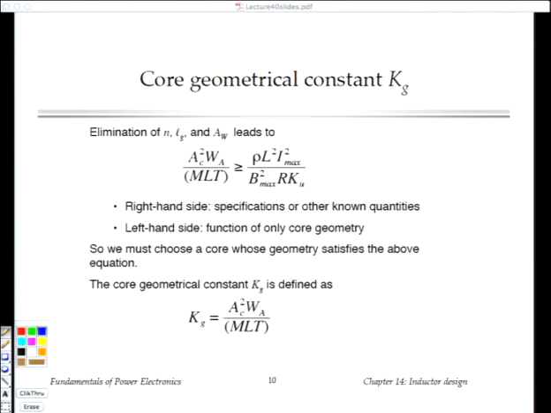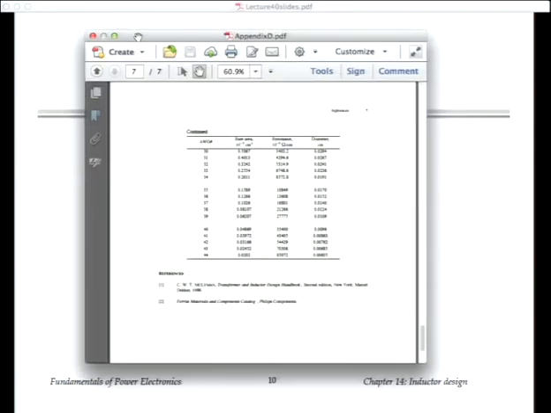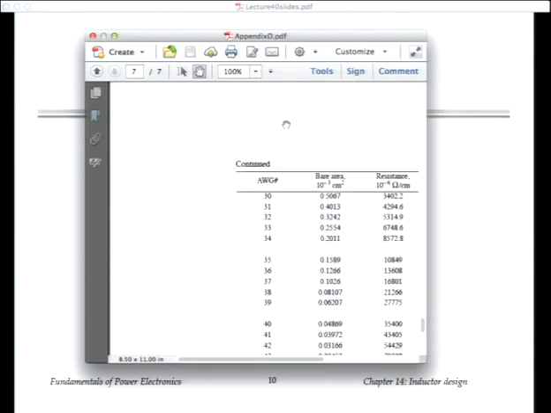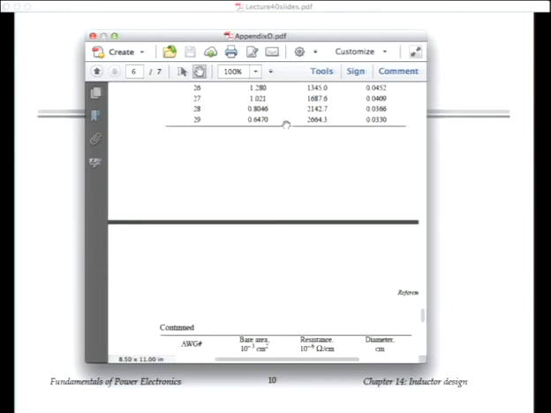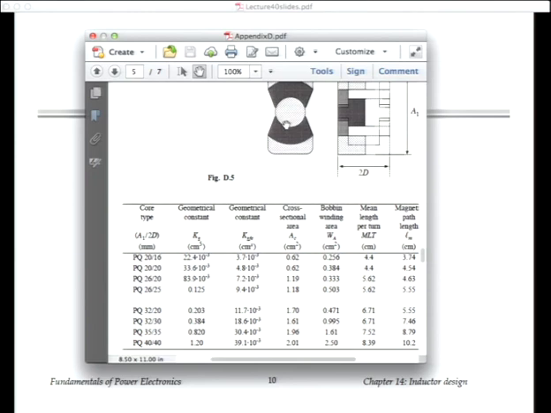And so if we look at the appendix, here's our PQ cores.